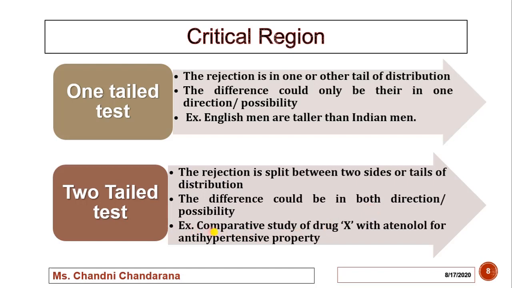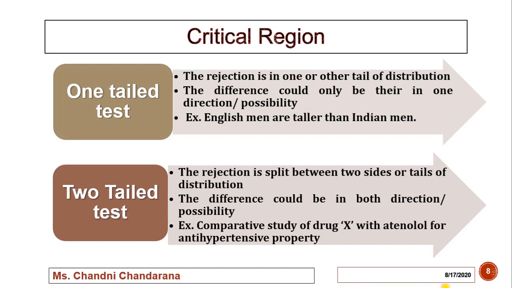For example, if you are doing a comparative study of drug X, any drug, with atenolol for antihypertensive property, there will be a difference between the property of atenolol and this drug X. That's why it is known as a two-tailed test. There is a difference in two directions, but in the one-tailed test there is a difference in only one direction.